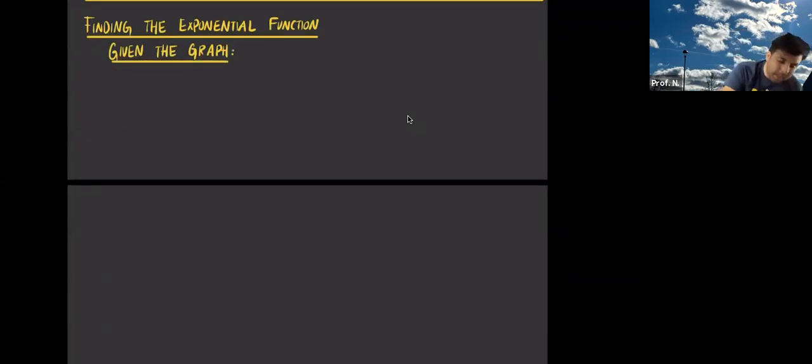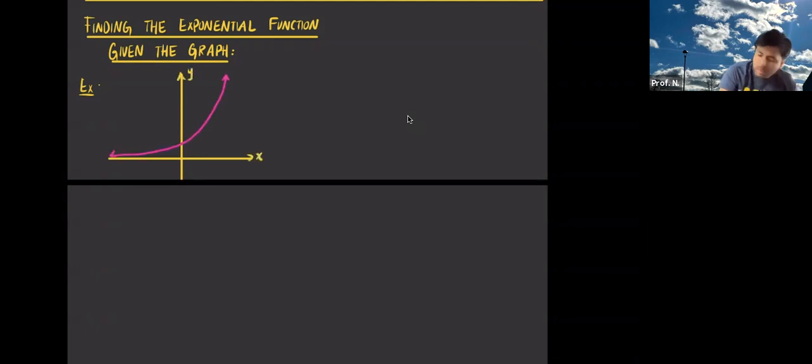So an example of that is the following. If I have a graph, and it looks something like this, and this is 1.